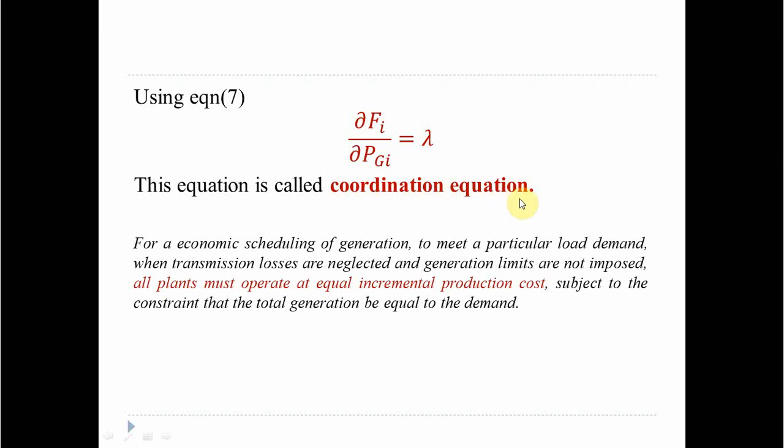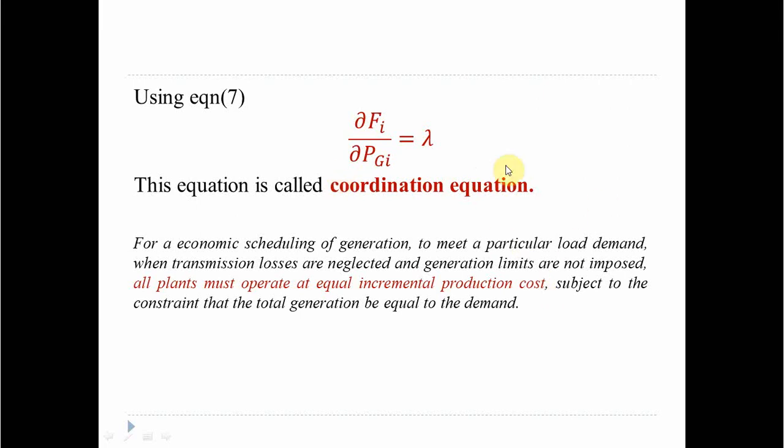Now in order for a successful economic scheduling problem, we have to make sure that all plants operate at equal incremental production cost. Only then can we make all the units operate at economically scheduled output.